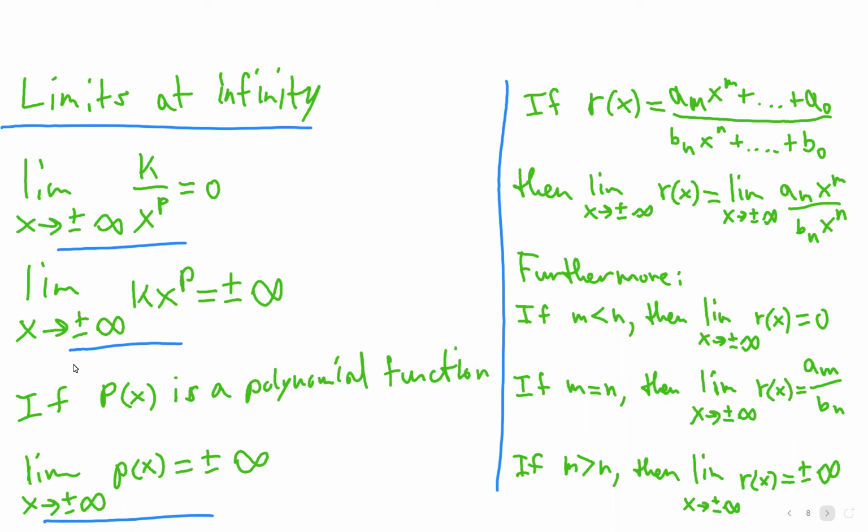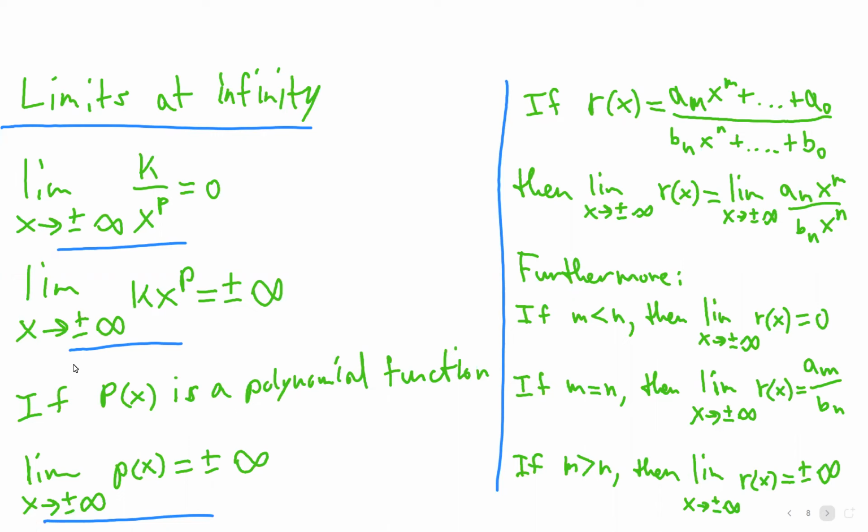Those are some interesting properties of limits as you're taking the value of x going to infinity or negative infinity. We can also talk about how to analyze rational functions in terms of their positive or negative infinite limits or limits at infinity.